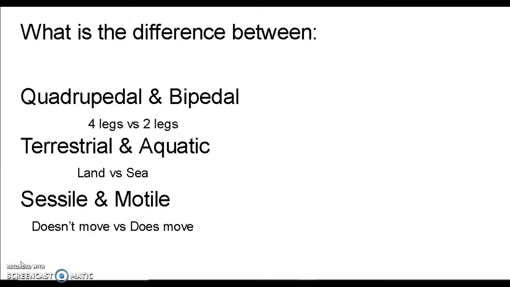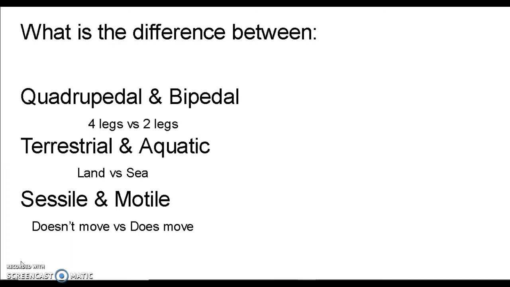So these terms describe all the different ways that animals can get around. Animals could be quadrupedal, having 4 legs, or bipedal, like humans are bipedal. We have 2 legs. Walk around on those 2 legs. Animals could walk on land and be terrestrial, or they could swim in the ocean and be aquatic.